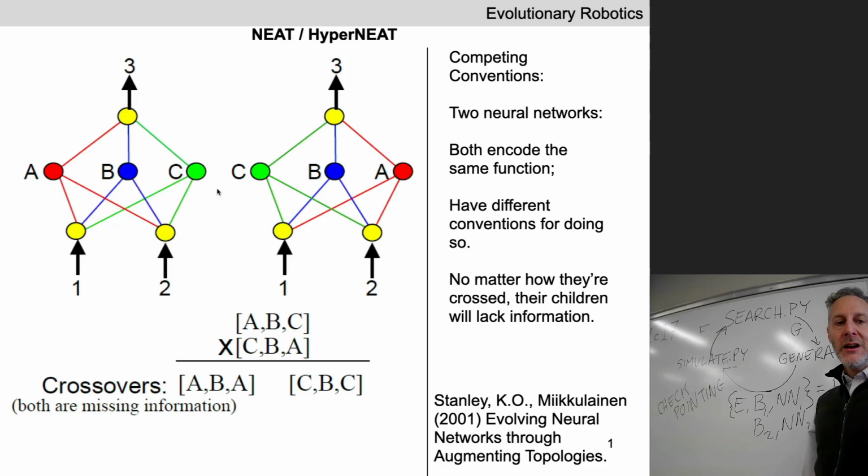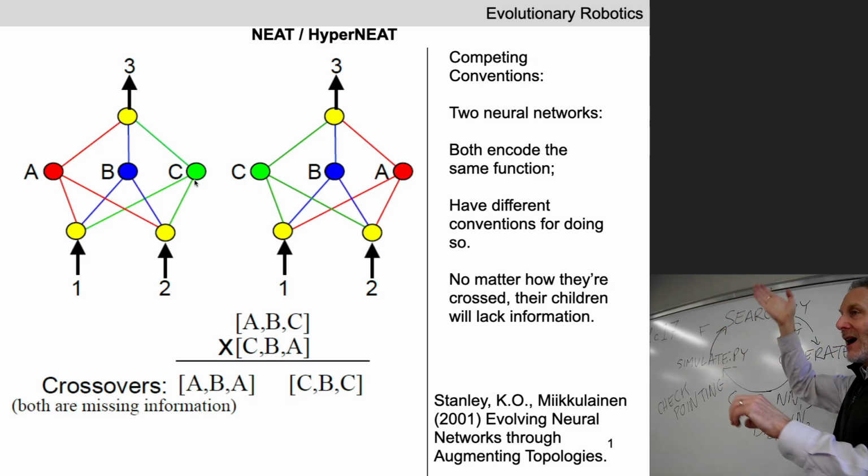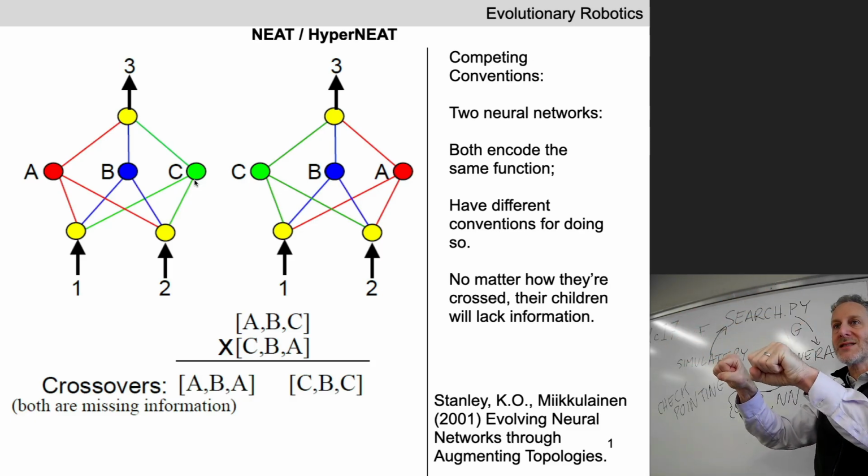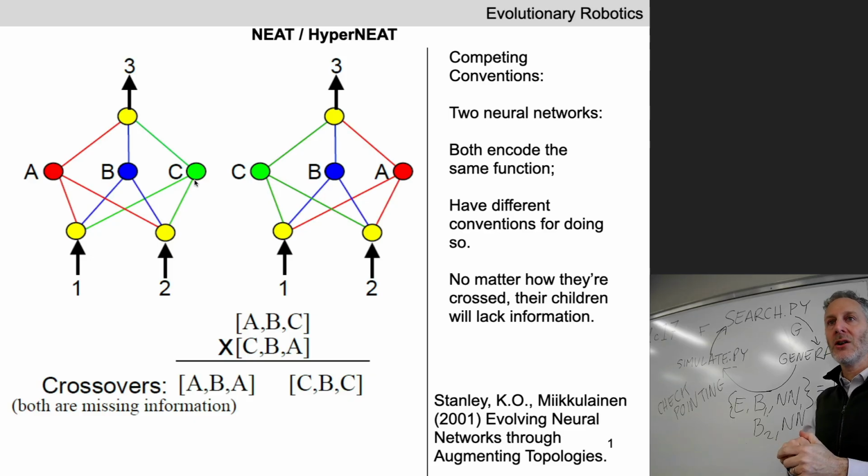If we're evolving neural networks to compute exclusive OR, and we use a simple mapping, meaning we take the genomes, the two sets of weights for these two neural networks, and we cut them at random and glue the two bits together to make a new child neural network. That doesn't work very well because of the competing conventions problem.